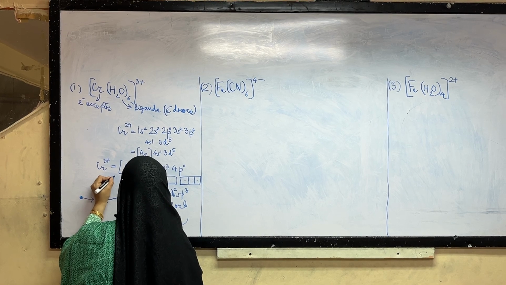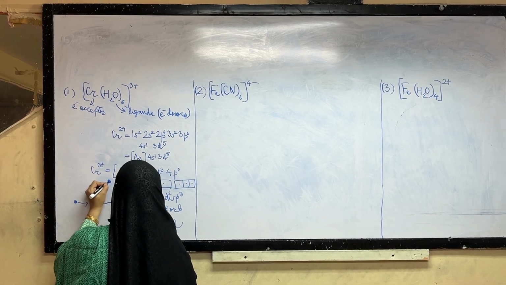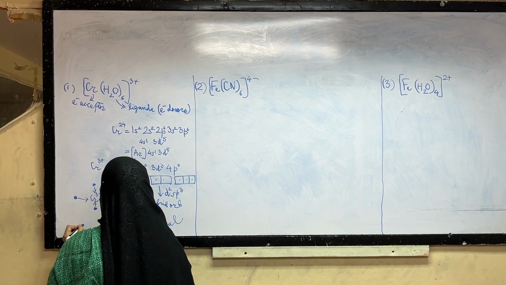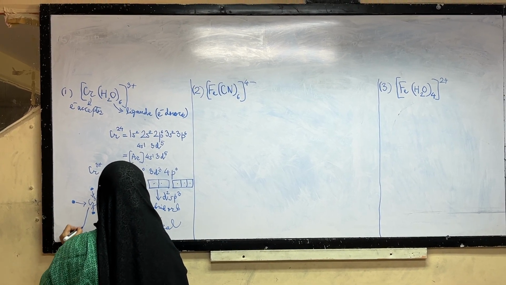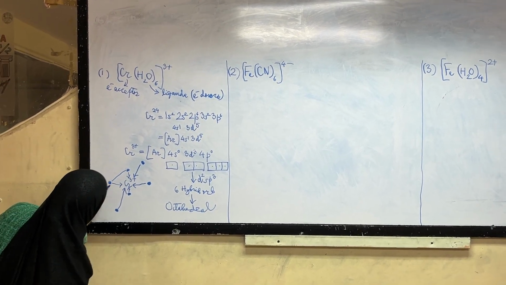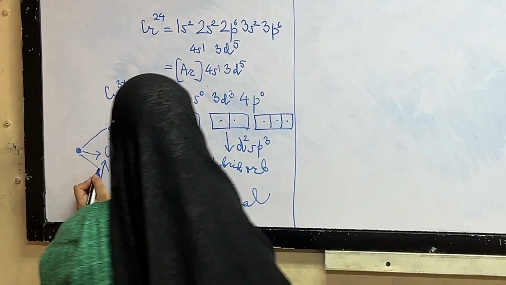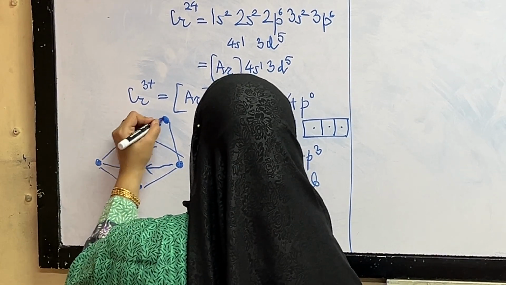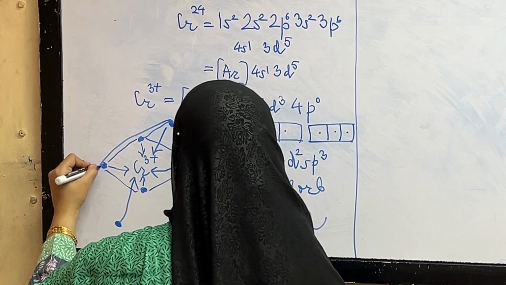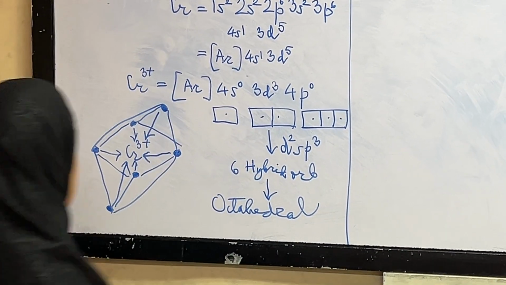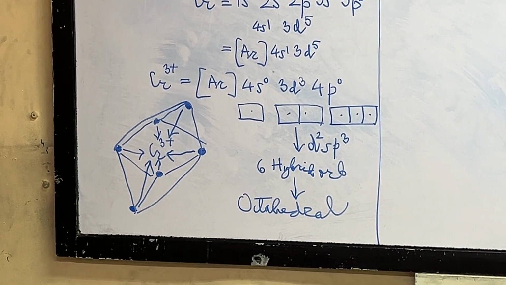And then we have one water molecule above the plane and one water molecule below the plane. So this is the structure of an octahedral complex.